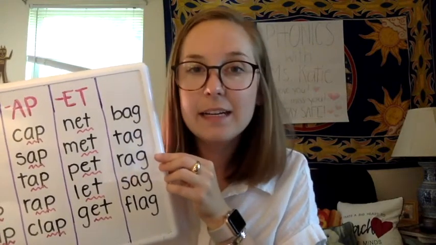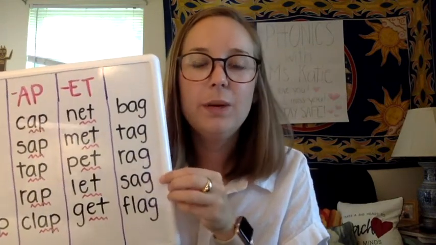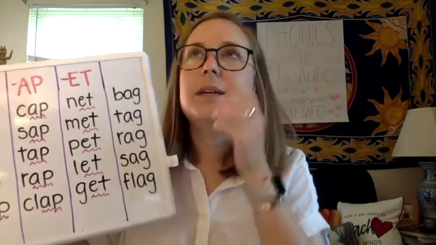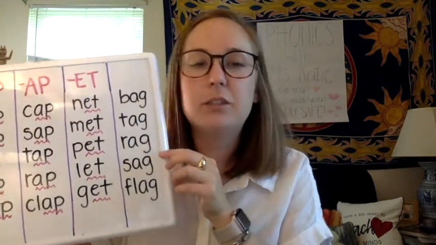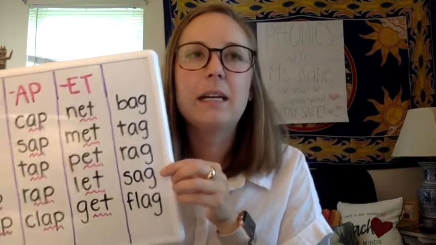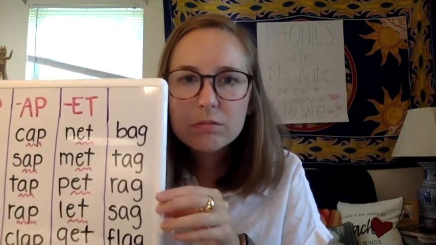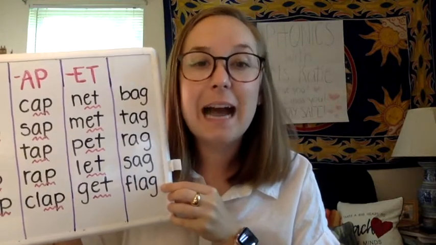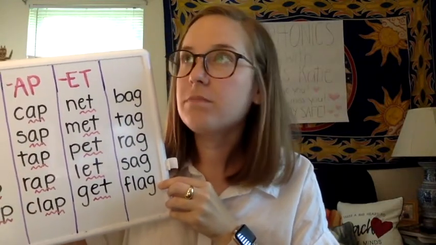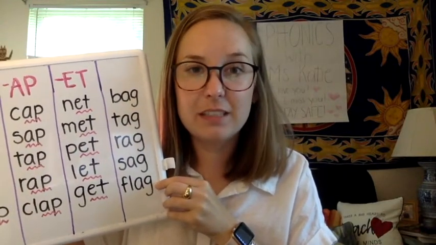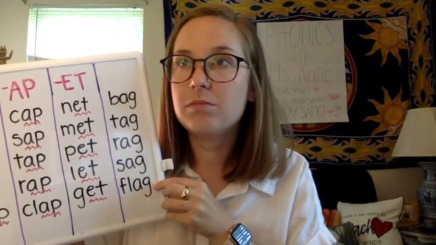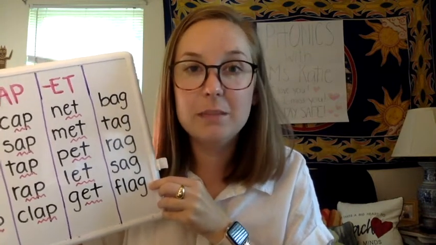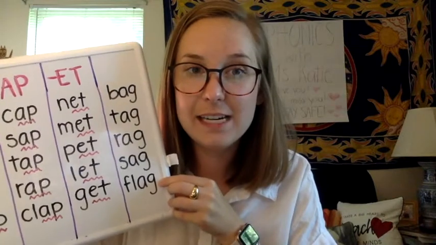Just get a rag and clean it up. We have sag. I can't think of really how to use sag in a sentence, but it's when something kind of starts to hang down, go low, sag. And we have flag. Every morning, Dr. McDaniel says the Pledge of Allegiance to the American flag, right?